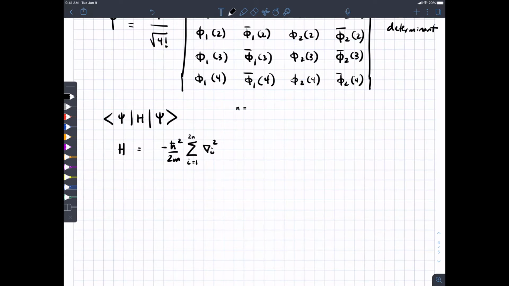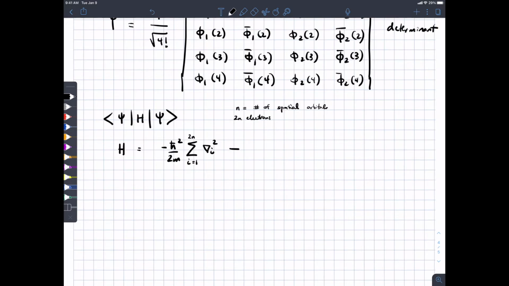N here equals the number of spatial orbitals. So we have 2n electrons because each spatial orbital has 2 electrons. So that's the kinetic energy term.